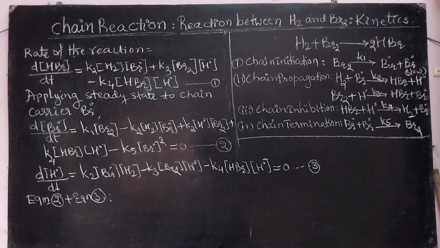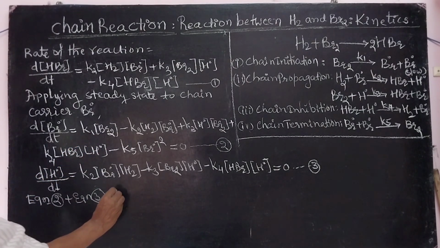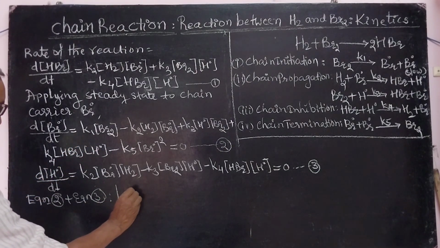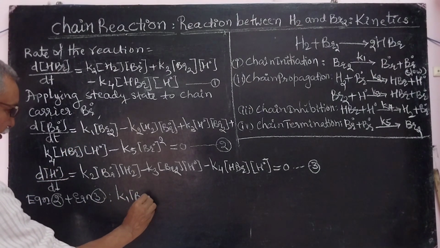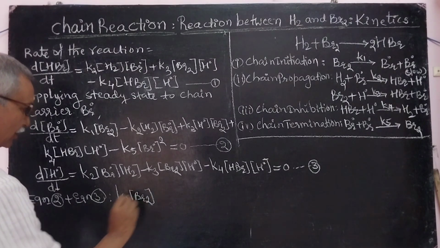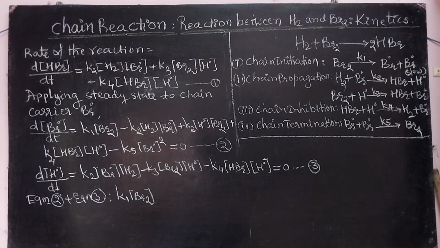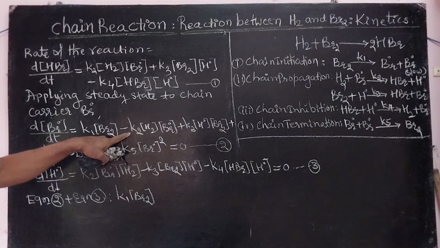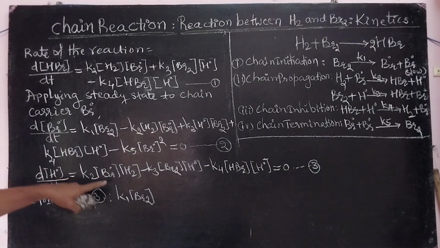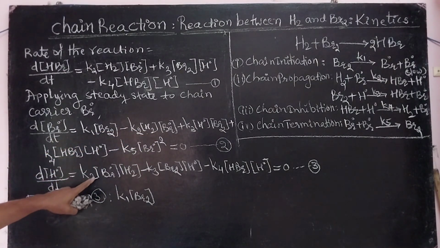What do we get? Equation 2 plus equation 3 means K1 Br2, then K2 H2 Br dot. One is minus and another is plus, so they get cancelled.